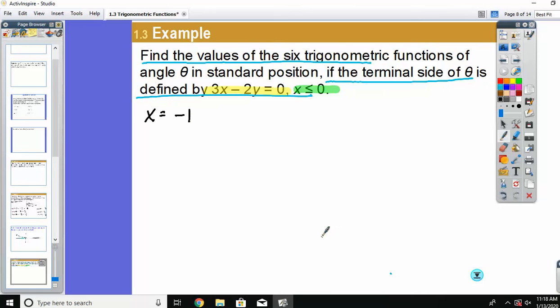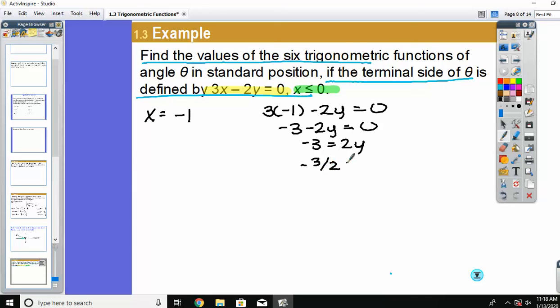Negative 1. Then, I've met this requirement. You can plug it into your equation to find your y. And I get the y value to be negative 3x.